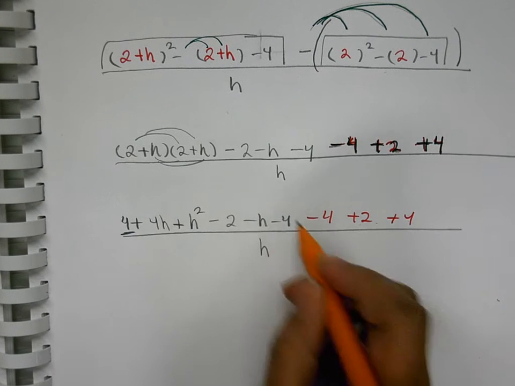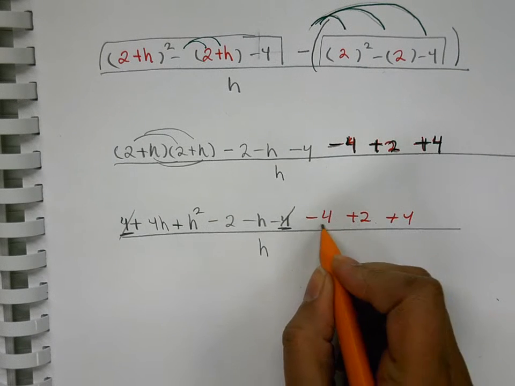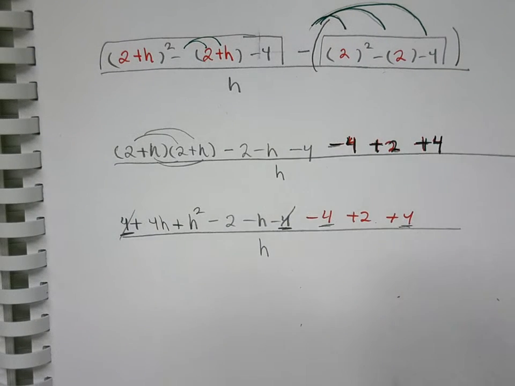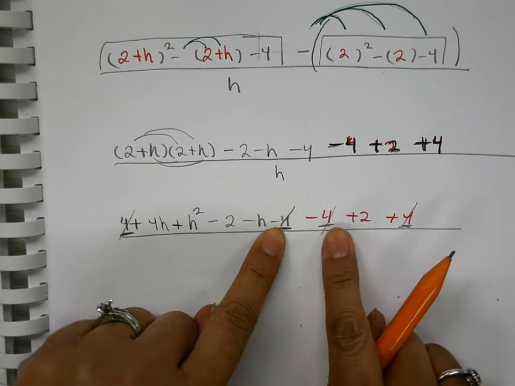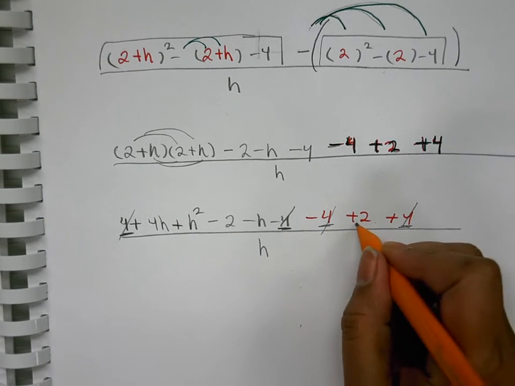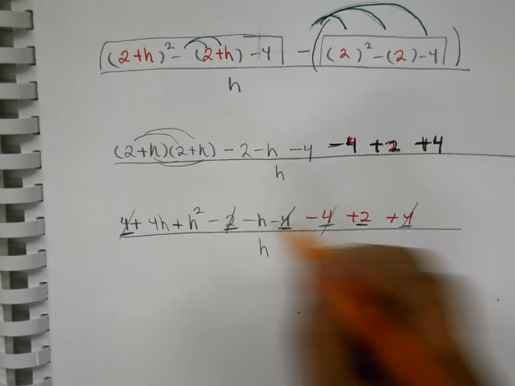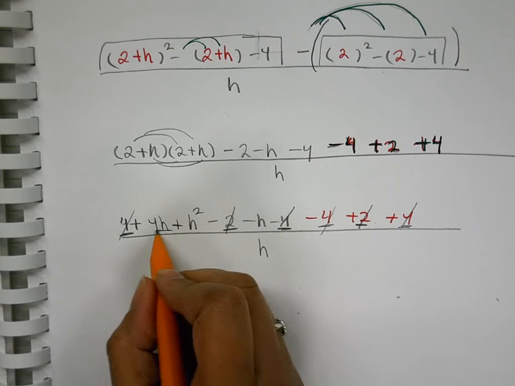I can see right here 4 and negative 4 are going to cross out, as well as this negative 4 and that positive 4. Or 4 plus 4 is 8, negative 4 is negative 8. Either way, they still cross out. Again, this 2 and that negative 2 are going to cross out. And is that everything? Oh, I do have like terms.